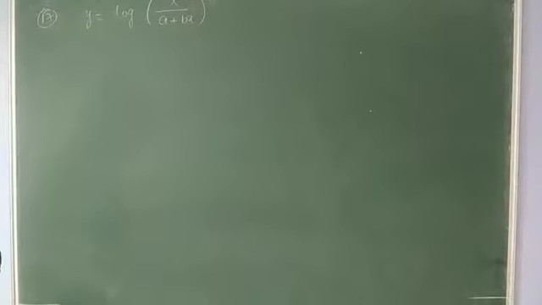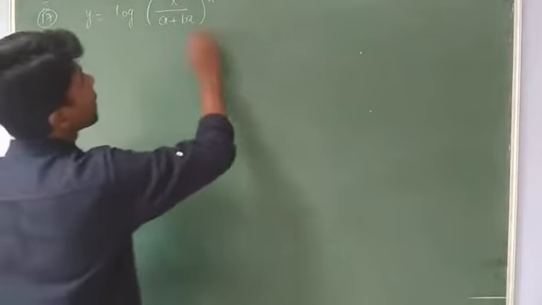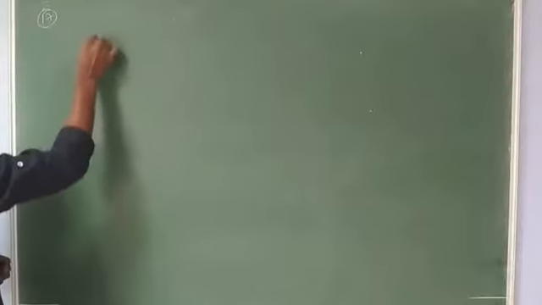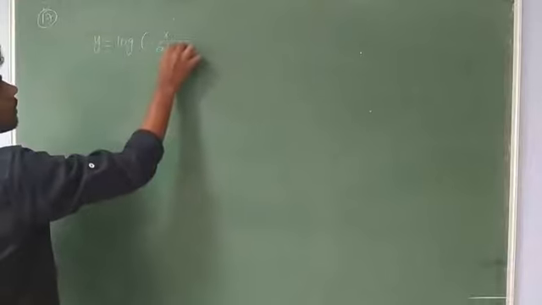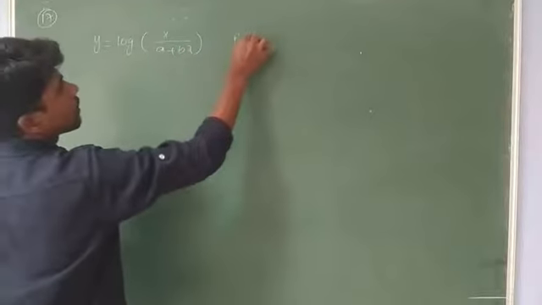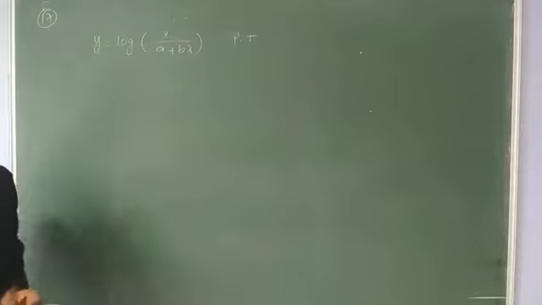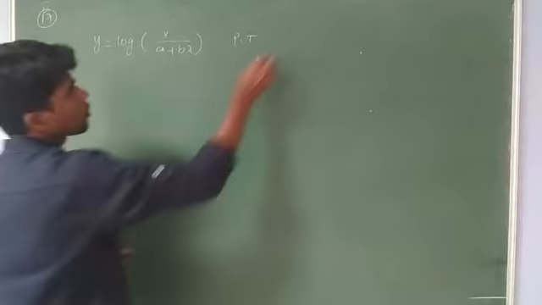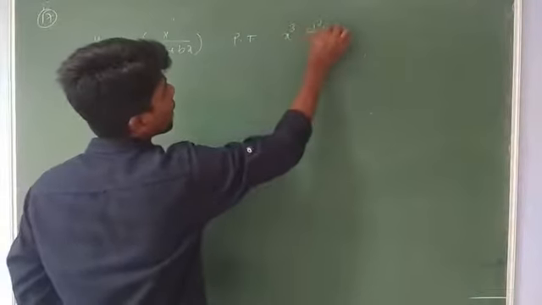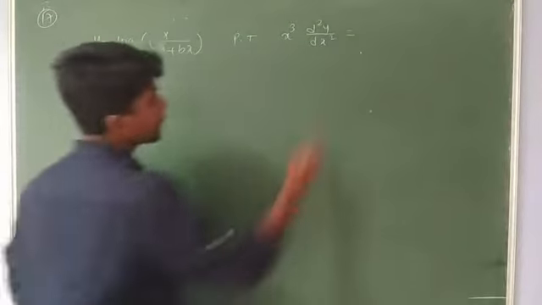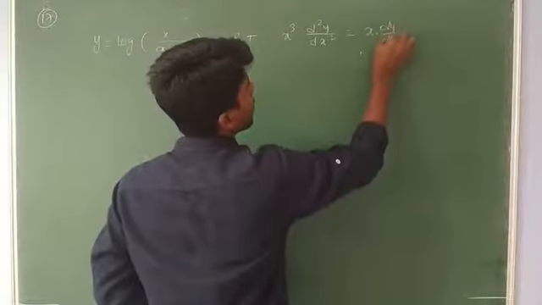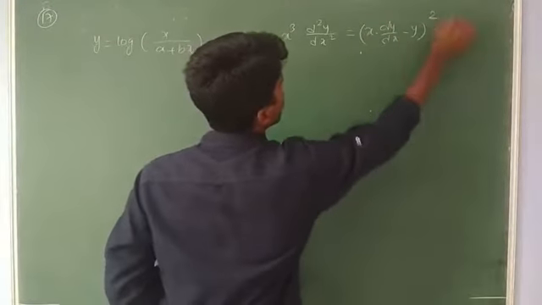Prove that x cube into d2y by dx square is equal to x into dy by dx minus y, whole square.